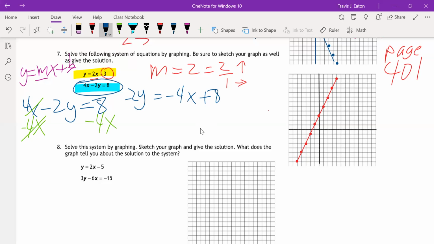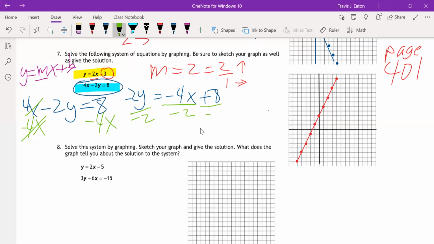Now, I'm almost there, but now I need to divide negative 2y by negative 2 so that I end up with just the y there. Now, if I divide by negative 2 on that side, I have to divide by negative 2 on the other side, and I have to divide each term by negative 2.